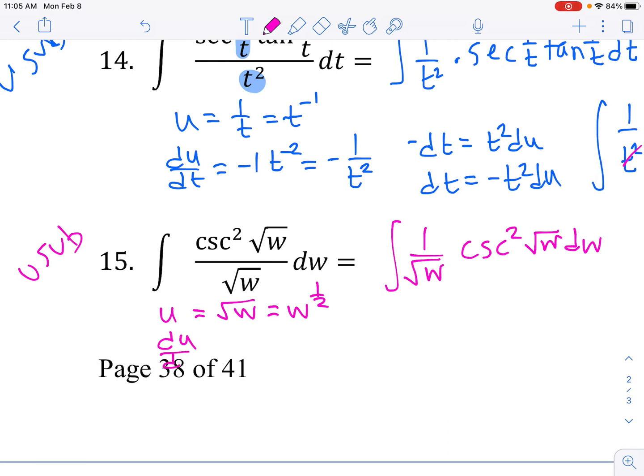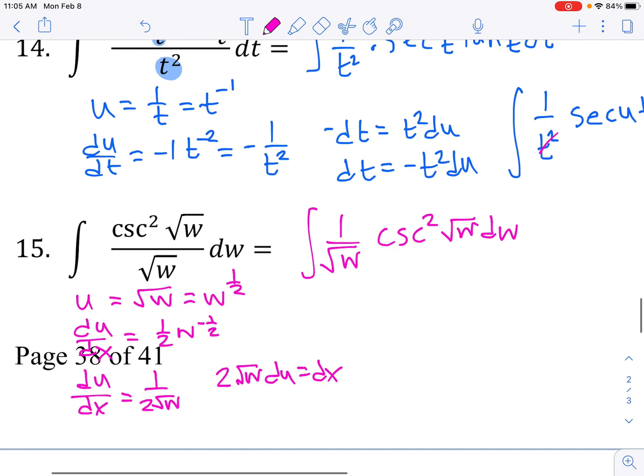So du dw then equals 1/2 w to the minus 1/2. So du dw equals 1 over 2 square root w. I'm writing it that way so that it matches up with what I see in my integrand. So I'm going to cross multiply here. I get 2 root w du equals dw. That's my substitution.